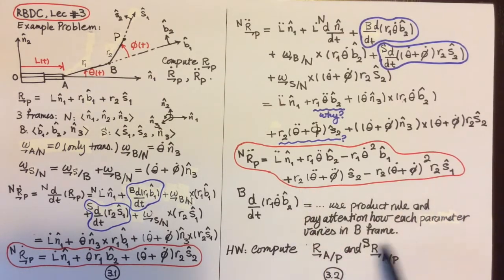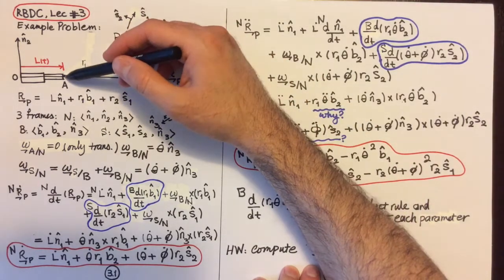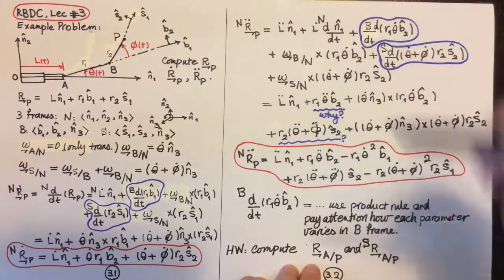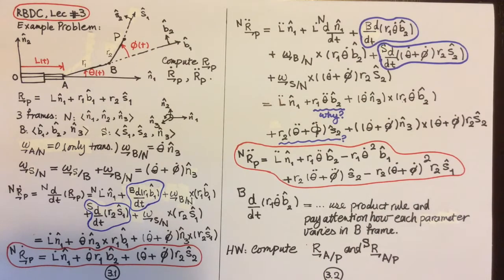I want to explain a couple of things. One is homework: try to compute R, this time A with respect to P, and then also compute RA with respect to P dot in the S frame. So try to play with these, practice more.